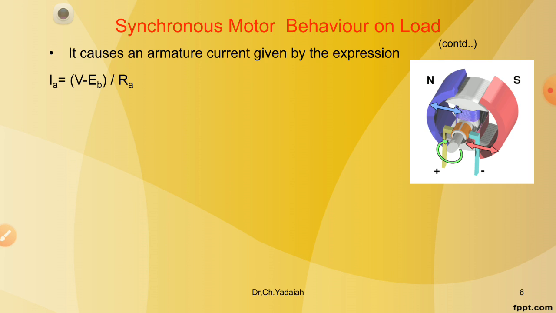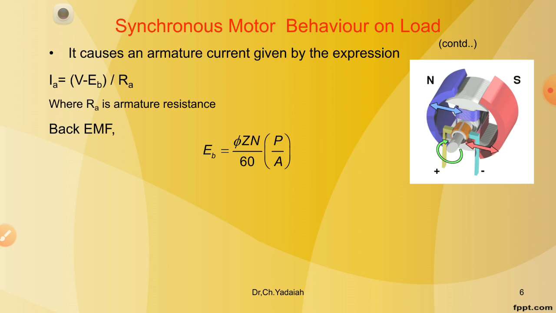As we know, the armature resistance of a DC motor is always less than 1, so that is why we require starters, which is already known. Where Ra is the armature resistance. Now the back EMF Eb is equal to phi Z N by 60 into P by A, where phi is the flux, Z is the number of conductors, N is the speed in rpm, P is the number of poles, and A is the number of parallel paths.